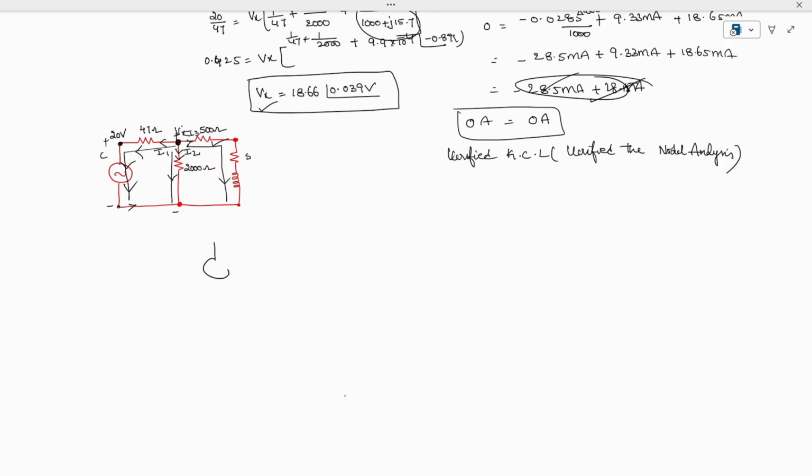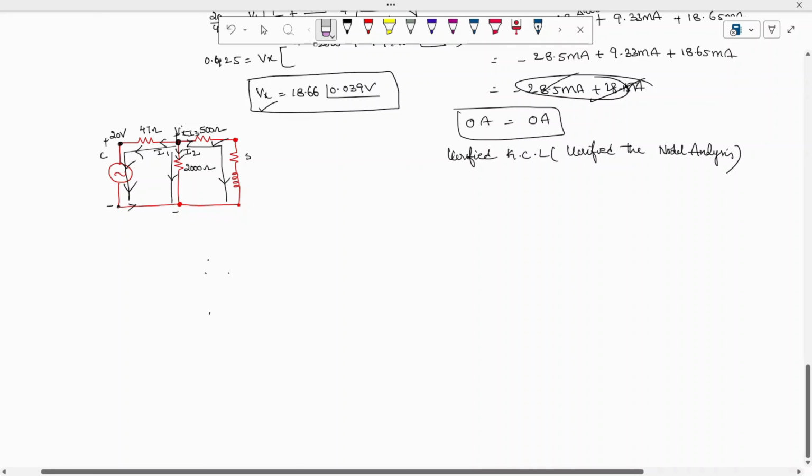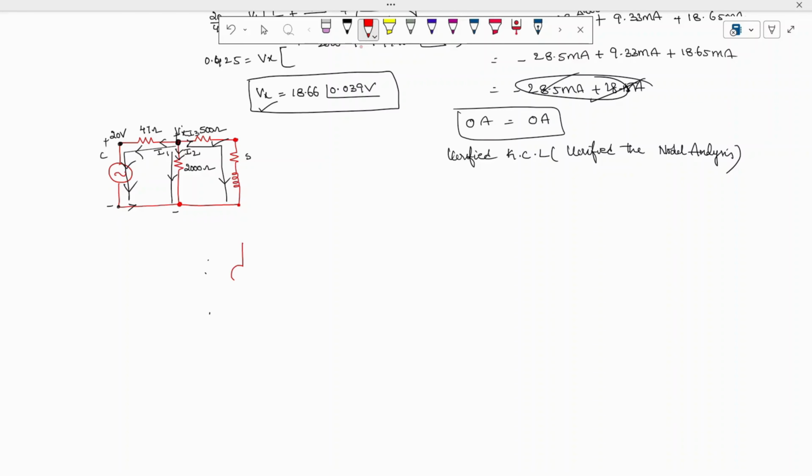So here you are going to have an AC source and a resistor of 47 ohm and one more resistor and one more resistor with an inductor.